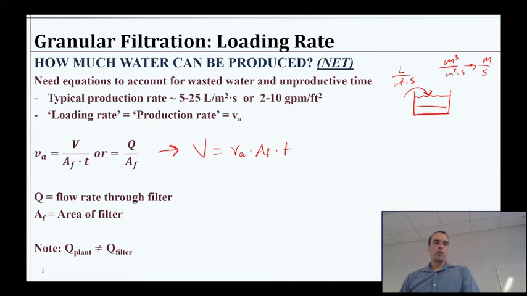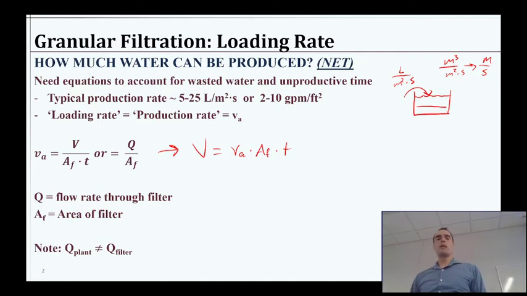Okay, so one note here: when we talk about these flow rates, what I'm describing here as Q and the area of the filter, for this specific loading rate, that's the flow rate going through this particular filter. That's not the flow rate that the plant has to meet. We'll come back to that concept, because we have to account for downtime of the filters.